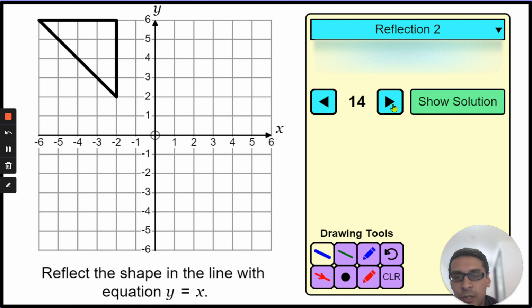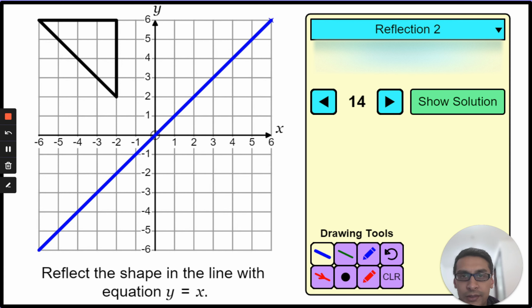This time around we're reflecting a shape in the line y equals x. So we are going to draw a line y equals x, which is fairly straightforward, and then we're going to draw the perpendiculars to the mirror line in the opposite direction. So 2 units, this is going to go down here.